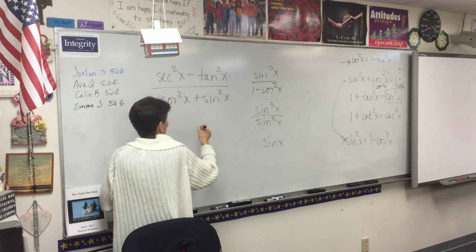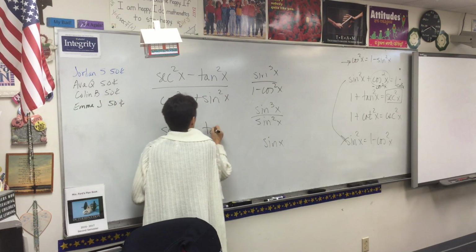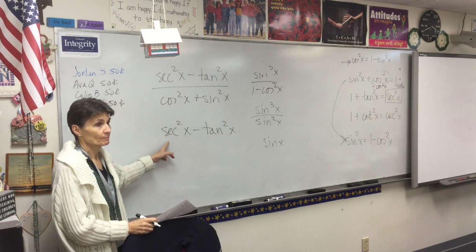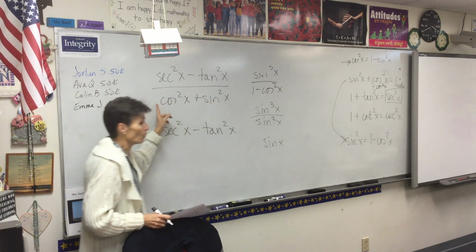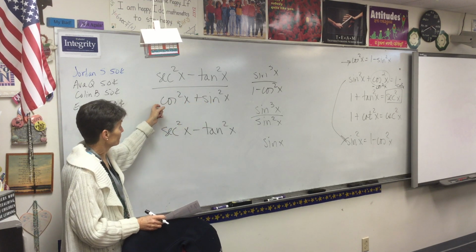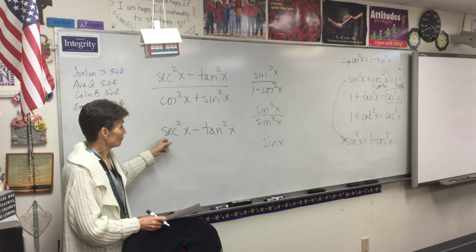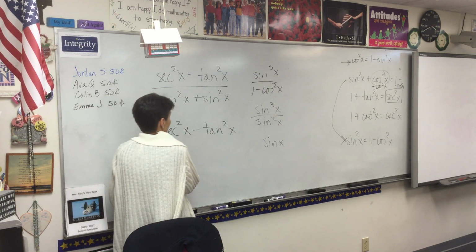Is the denominator 1? The denominator is definitely 1. So now we really just have this, because the denominator is just 1. The first half of it is secant squared.